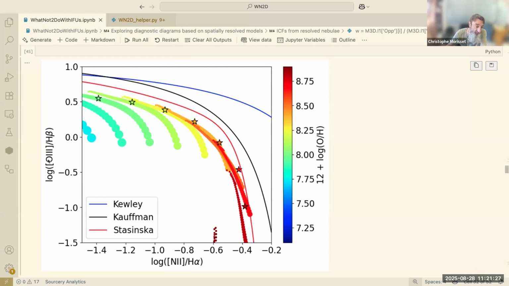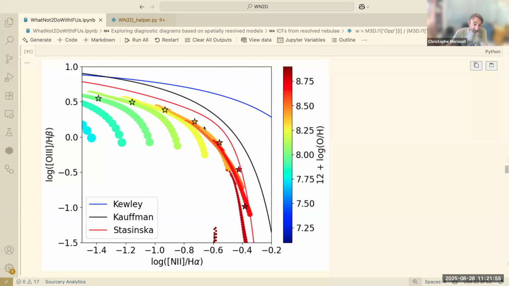The dependence of this ratio on temperature is strongly increasing because of both effects. Forbidden lines, collisionally excited lines, increase with temperature, and recombination lines decrease with temperature. So the ratio is doubly increasing. So if you are in the upper right part of the diagram, you are dealing with hotter gas globally, whatever the ionization is.